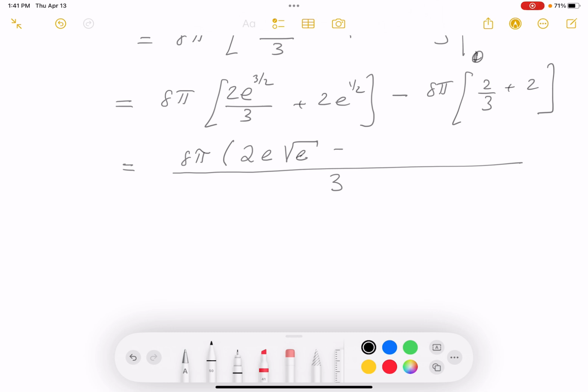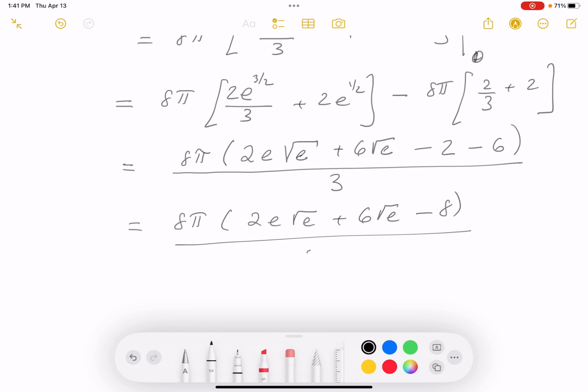Then you're going to get 6 root e. Then, I have come down to 3, by the way, minus, I've already factored the 8 pi out, minus 2, and then it's going to be minus 6. Clean up a little tiny bit, and get 8 pi times 2e root e plus 6 root e minus 8, over 3.